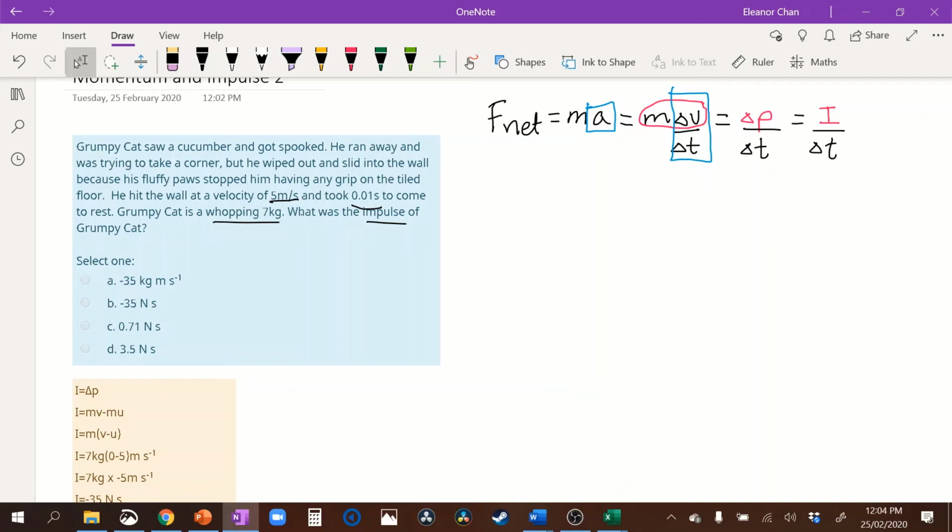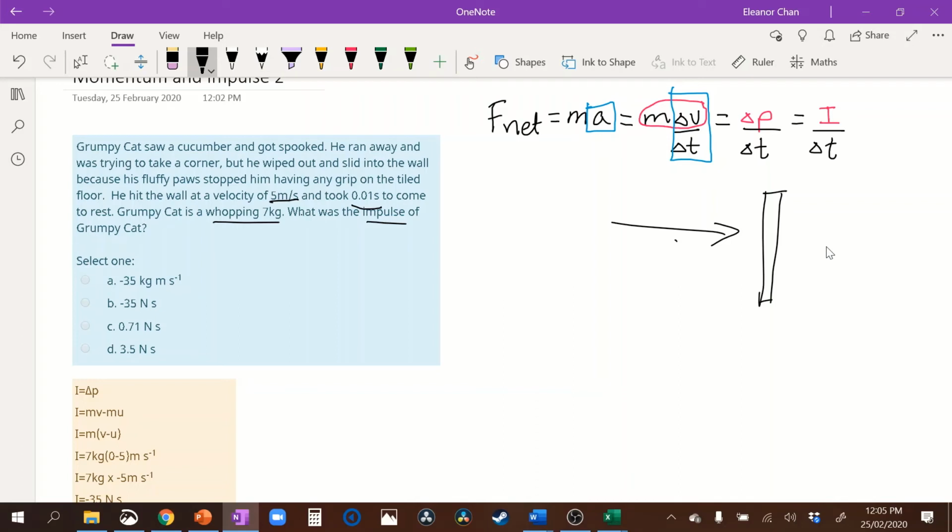But yeah, okay? Let's write some information down actually before we even do this. So, Grumpy Cat hit a wall. Gently. He didn't hurt himself. So, initially, Grumpy Cat is heading towards the wall, and he'll have an initial velocity and a final velocity.